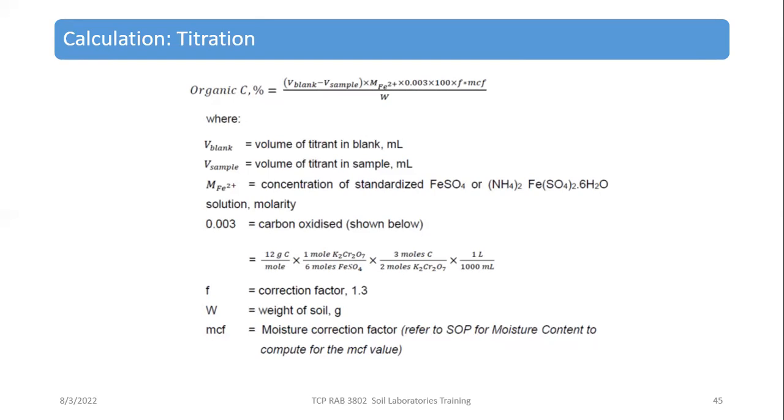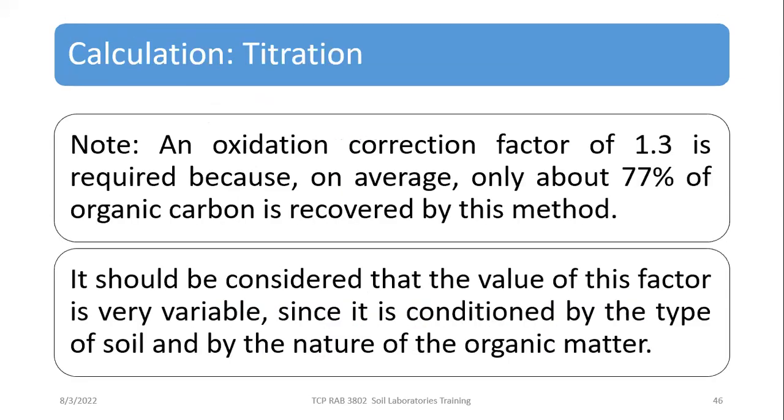Weight is the weight of the soil sample. This consideration was highlighted in the previous slides. So the correction factor 1.3 comes from the recovered percent by this method.